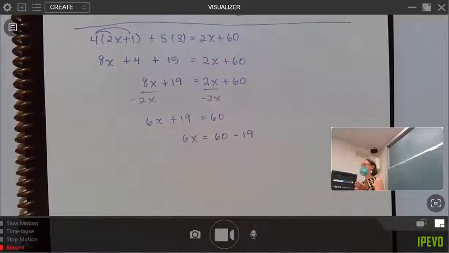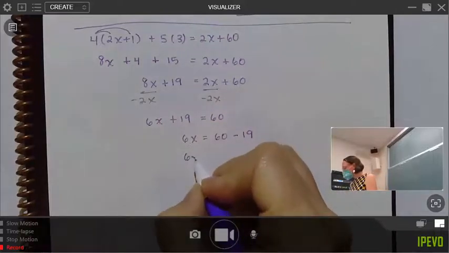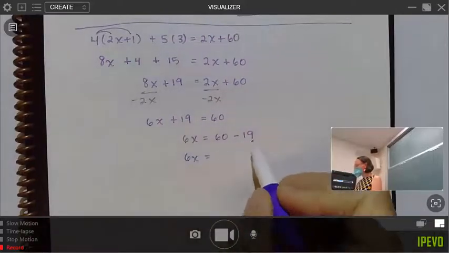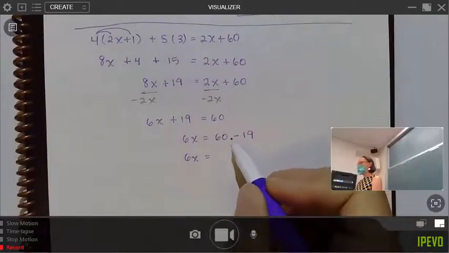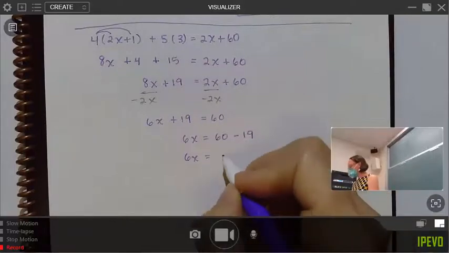It is totally fine if you want to follow the subtraction algorithm and line stuff up and borrow something, totally fine. But really, I would say 60 minus 19, well, 60 minus 20 is 40, but I actually only subtracted 19, so that's 41.